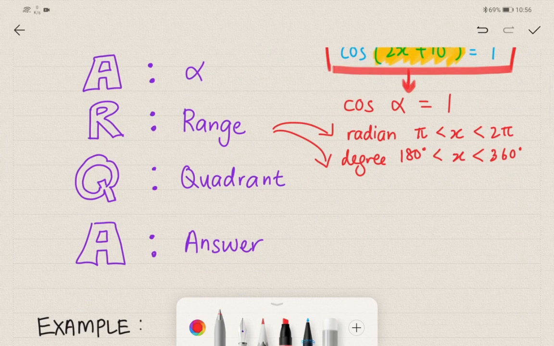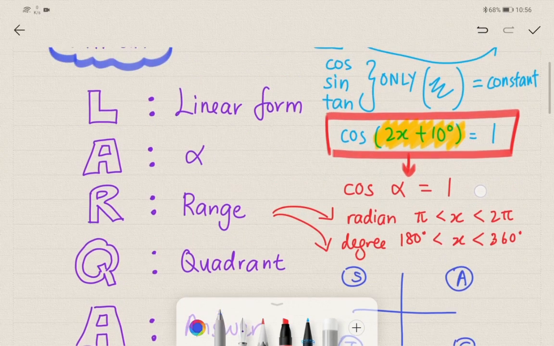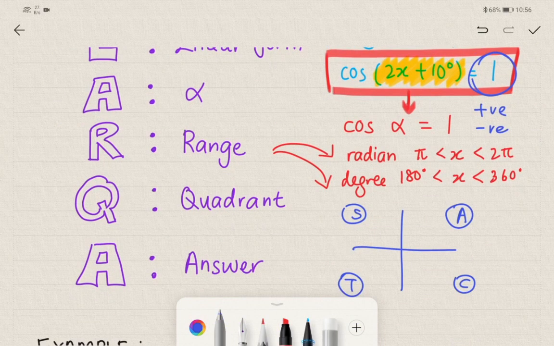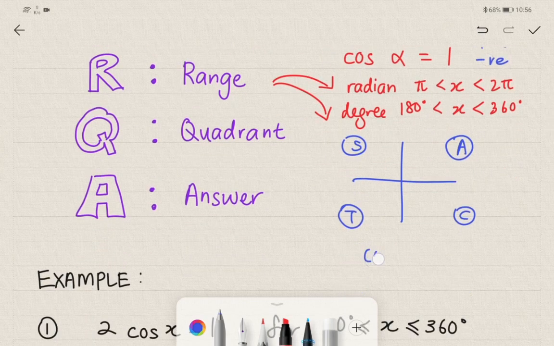And quadrant. So we are going to apply the knowledge that we have learned before, that is all sine teacher crazy. We are going to look at this constant, whether it's positive or negative. For example, in this case, we have cos 2x plus 10 degree equals to, for example, negative 0.5.